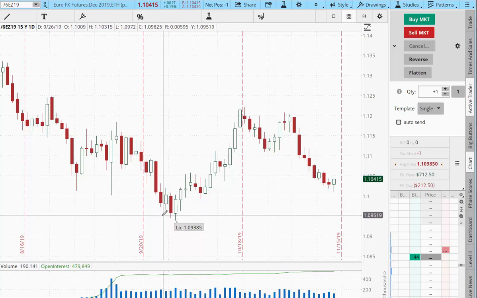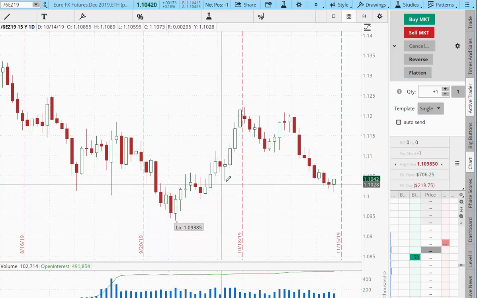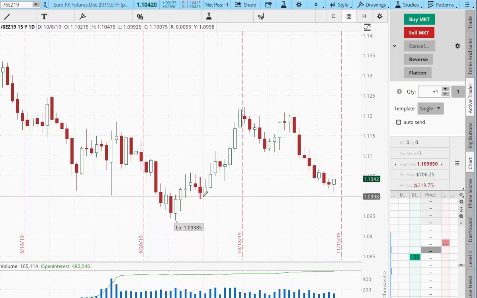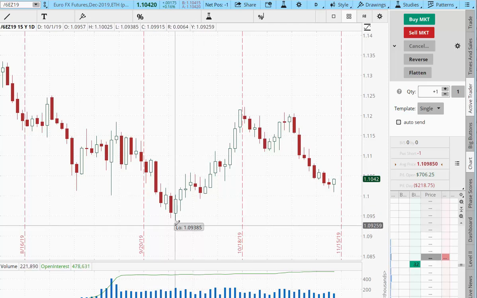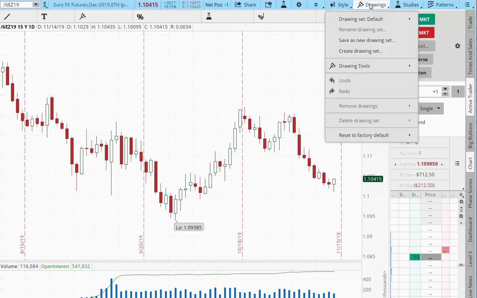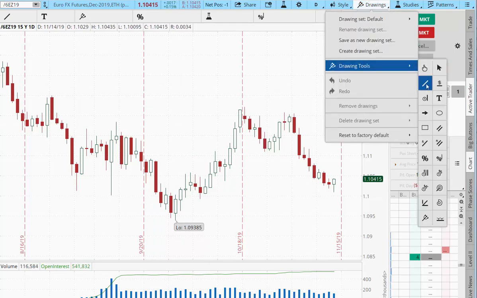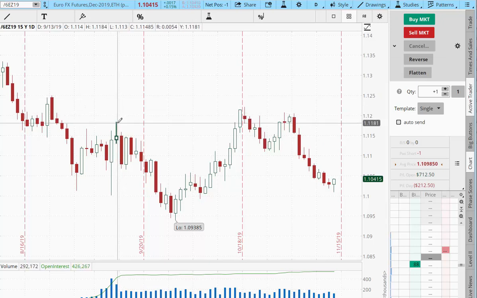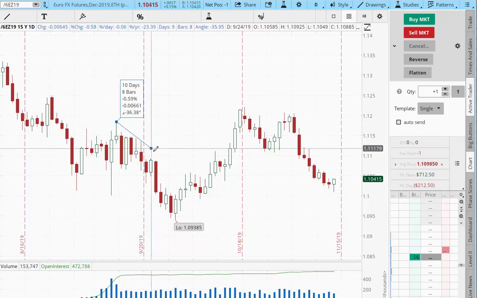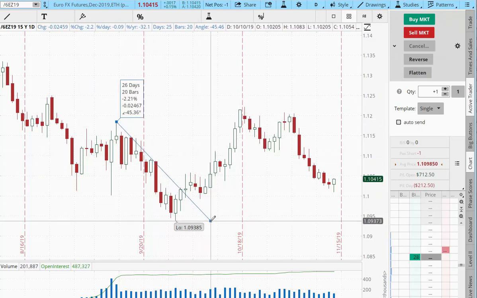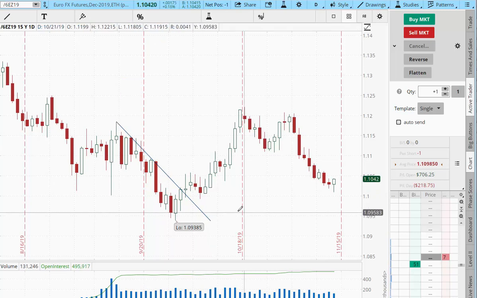Let's first of all take a look at why I might have gone long somewhere around here and about where I would get that. Okay, so I'm looking for three things. I'm looking for breakaway. Here's a pivot. Here's a pivot. So I've got a breakaway.